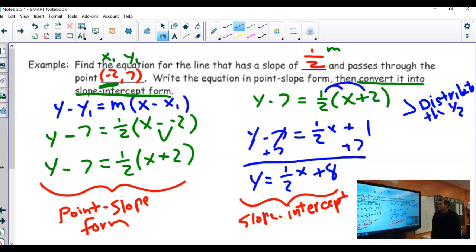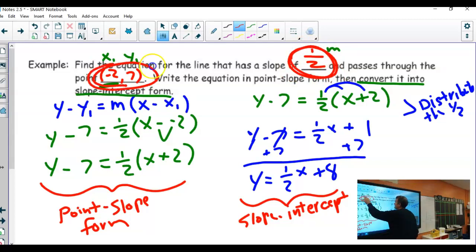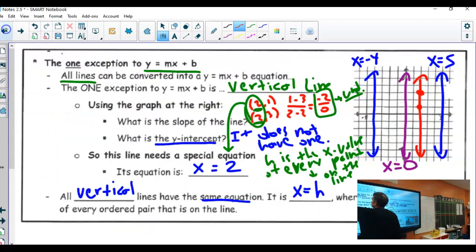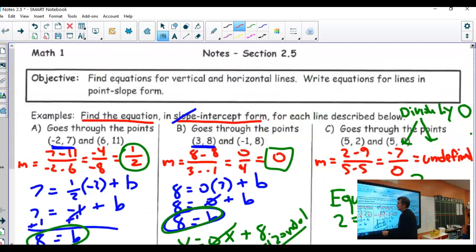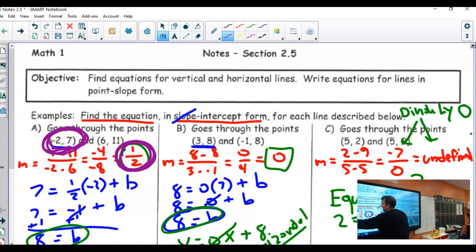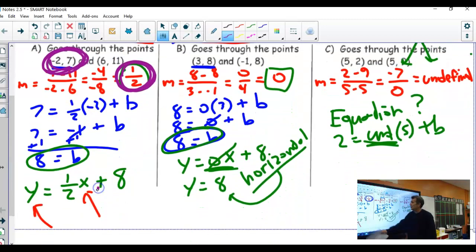And I want to show you something. You see the slope I picked? And this point I picked? It's the same as we did right here. It's a slope of 1/2, and the point was -2,7. And look, y equals 1/2 x plus 8.